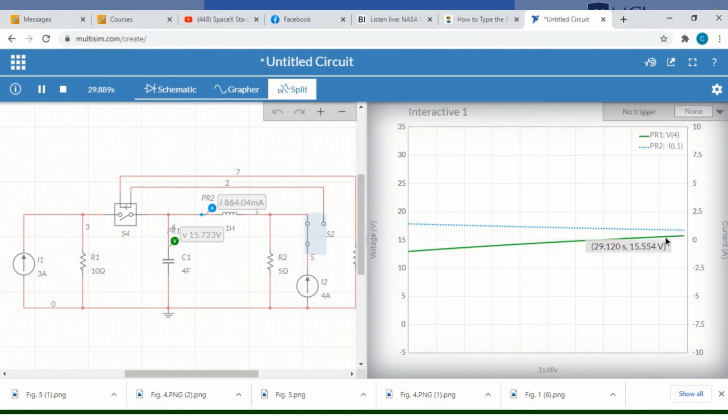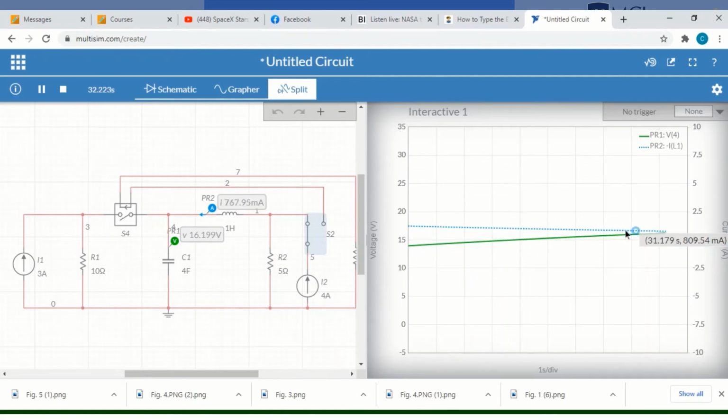So this voltage is now near 15 volts, while the current is now approaching 1 microampere. Okay, so this will go to zero while the green line will go to 20 volts.